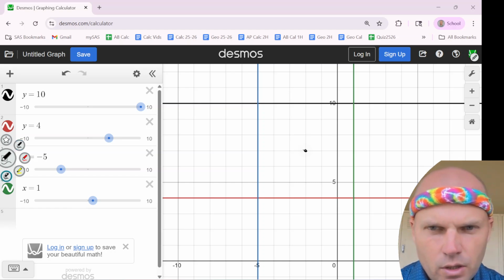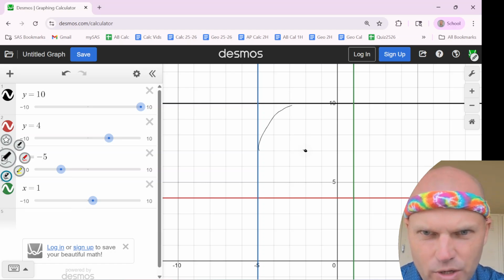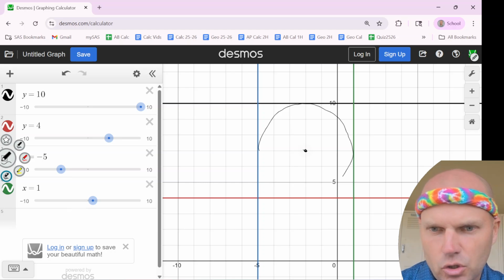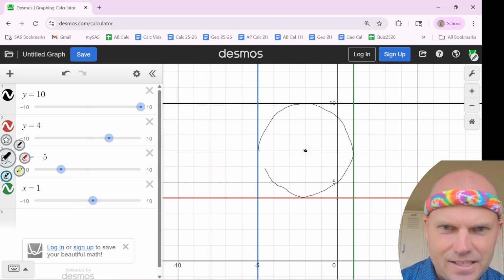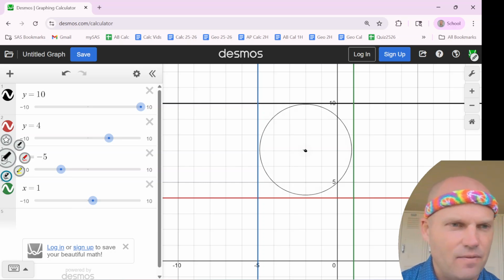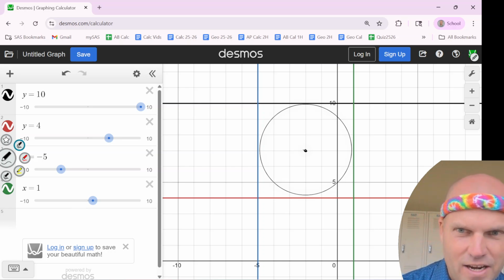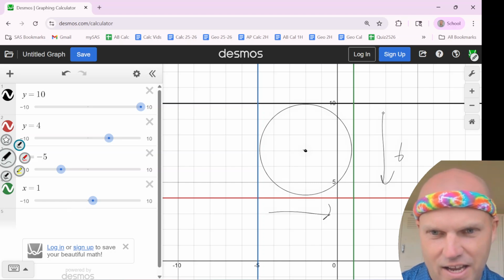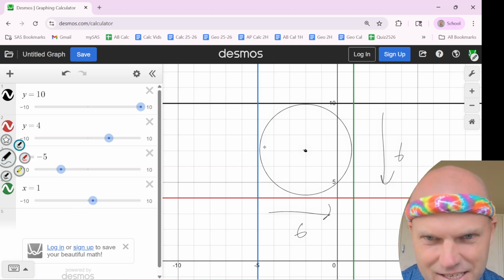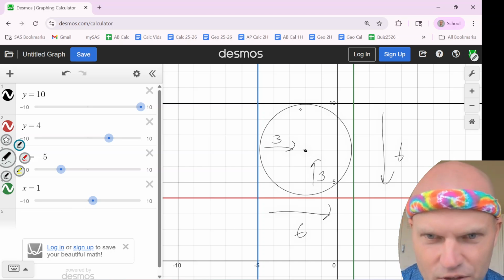My circle would hit the y = 10 line at the top, the x = 1 line on the right, the y = 4 line on the bottom, and the x = −5 line on the left. I can see the distance between y = 10 and y = 4 is 6. The distance from x = −5 to x = 1 is 6. I can see that the center is 3 away from all of these lines.